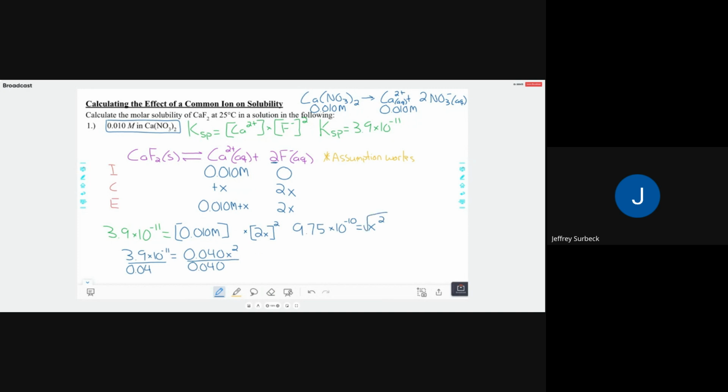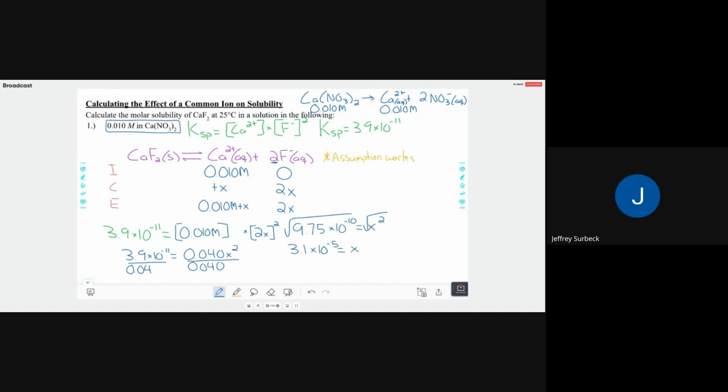We take the square root of both sides. I take the square root of my answer and get a molar solubility, rounded to 2 significant digits, of 3.1 times 10 to the negative 5th equals X.